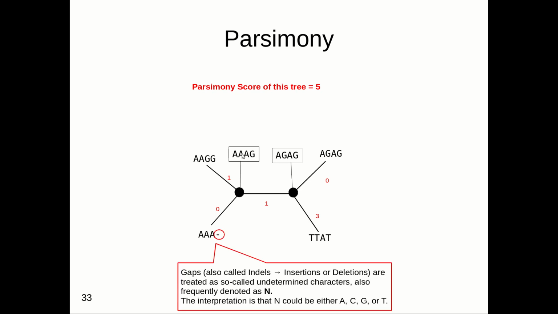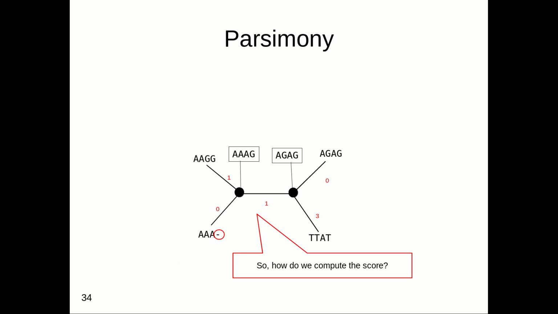Okay, so as I mentioned before, gaps are treated as so-called undetermined characters that are also frequently denoted as N. And so, as I said before, the interpretation is that N could either be A or C or G or T.